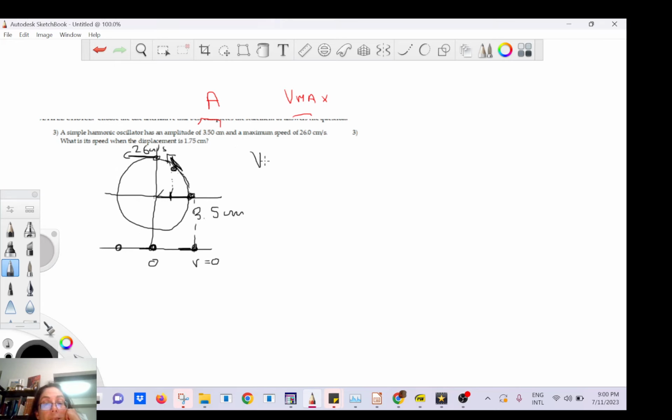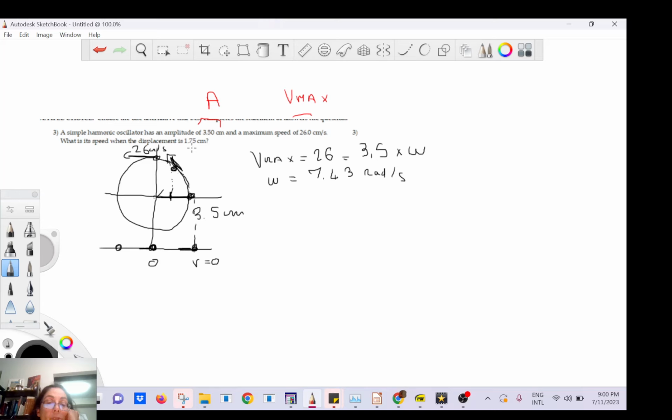Vmax, maximum velocity equals, that's a given, 26, which is equal to the amplitude, 3.5, times omega. So then we can find omega. So omega equals 7.43 rad per second.